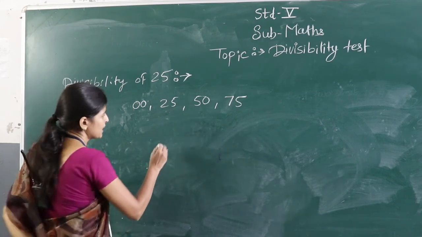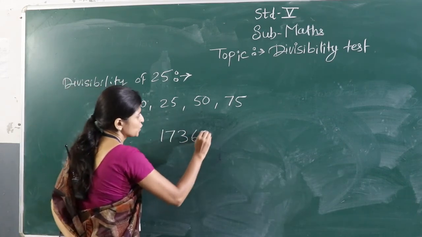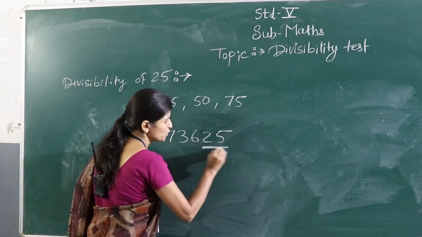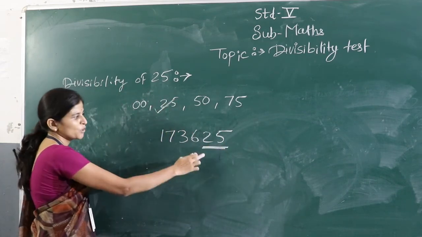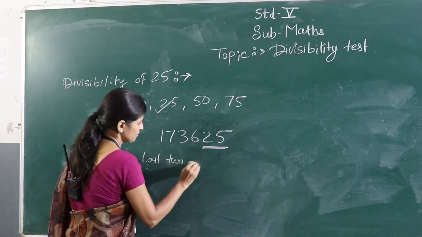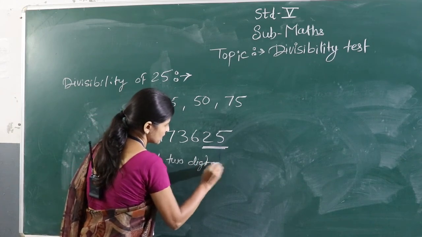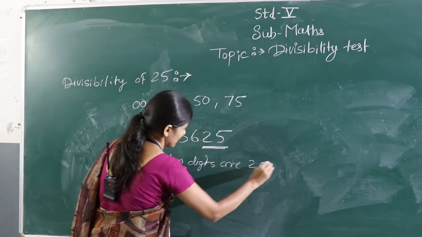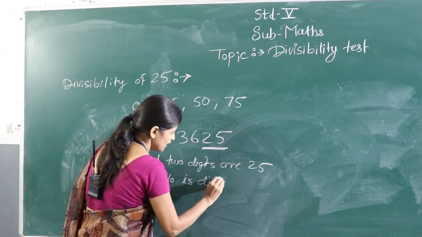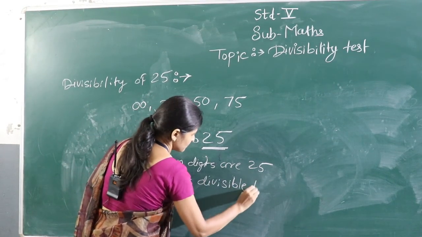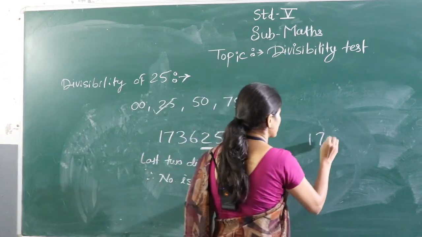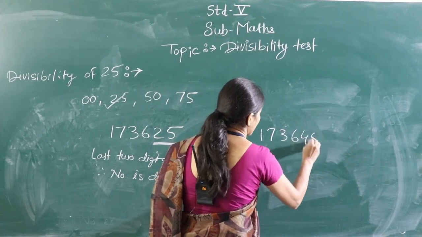We take one example, 173,625. The last two digits of this number are 25. Therefore the number is divisible by 25. Now we take another example, that is 173,645.